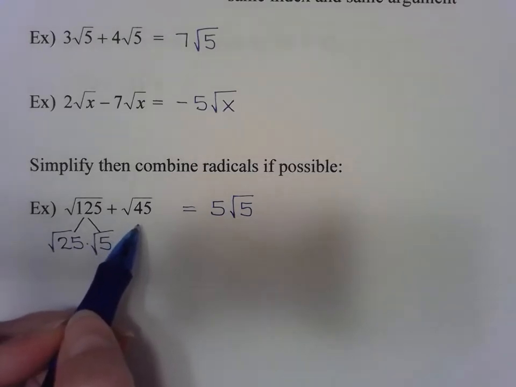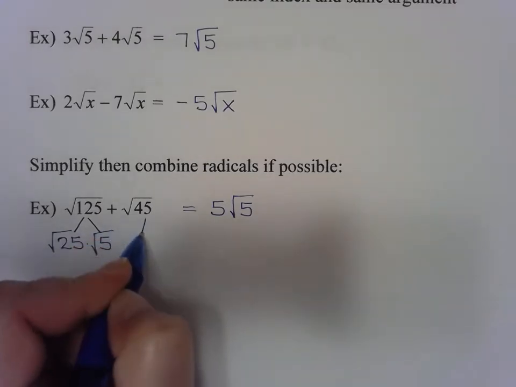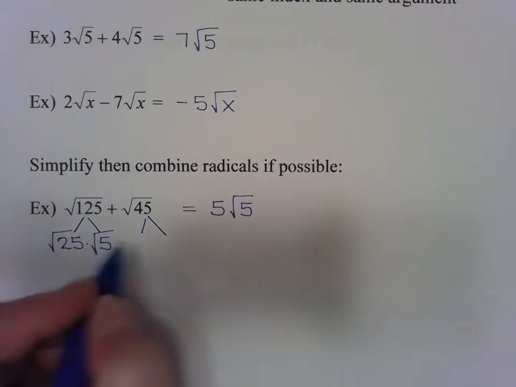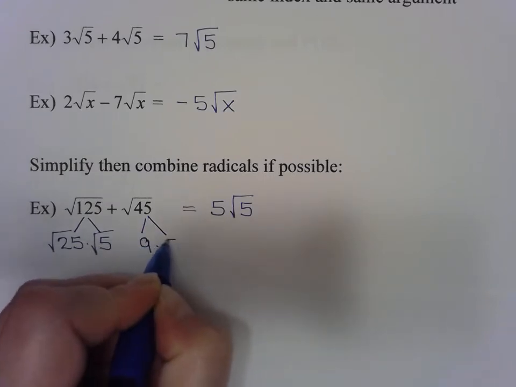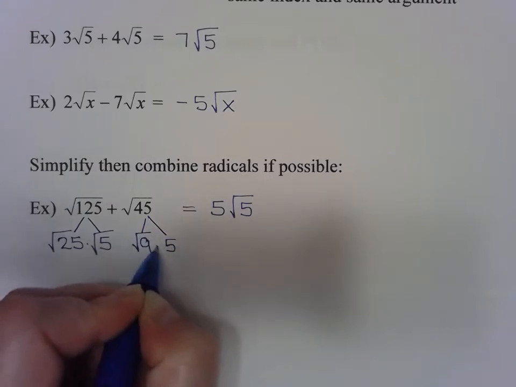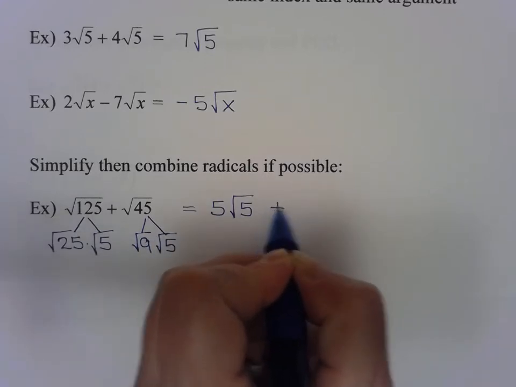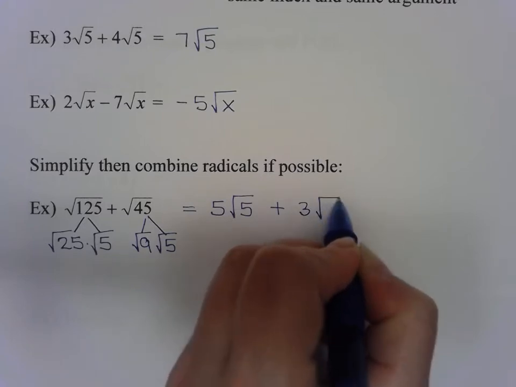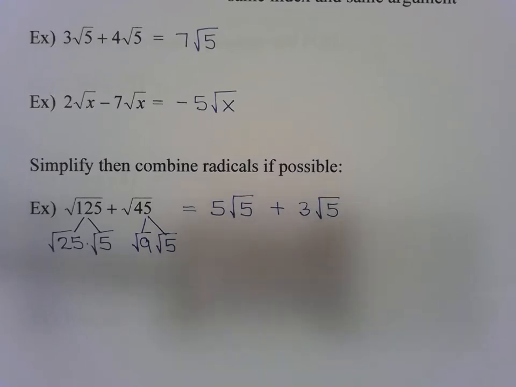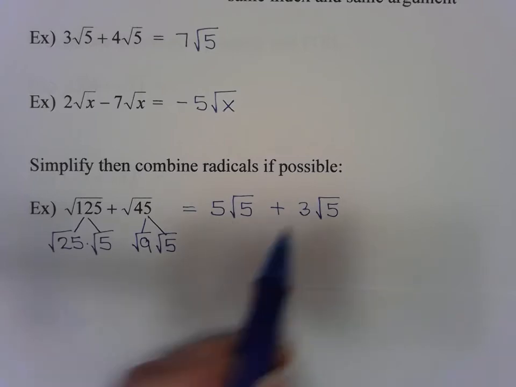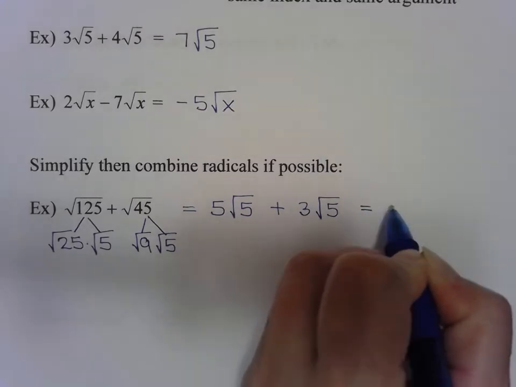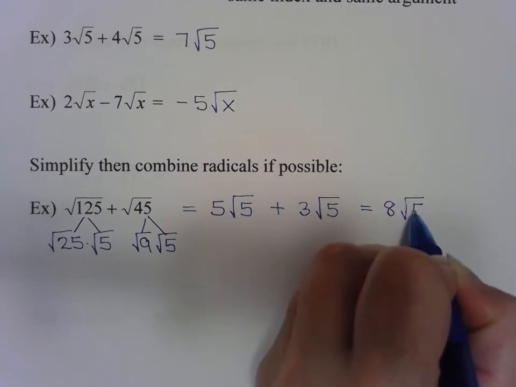I want to do the same thing with 45. 45 is 9 times 5, and 9 is a perfect square. So the square root of 9 is going to give me 3 times the square root of 5. Now that I've simplified them, now they're alike. They're both the square roots of 5, just like the example above, so I can count up how many square roots of 5 I have. 5 plus 3 would give me 8 square roots of 5.